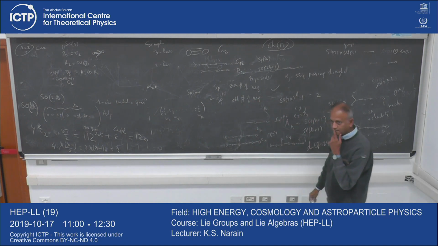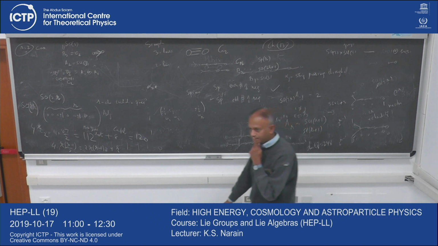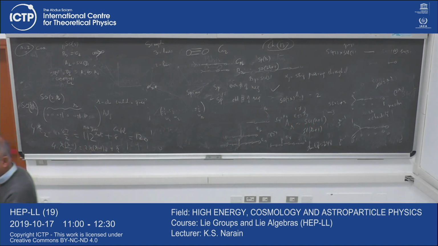That means we have freedom to choose R minus 1 of them, and the last one is determined. So that's why the dimension is 2 to the power R minus 1.